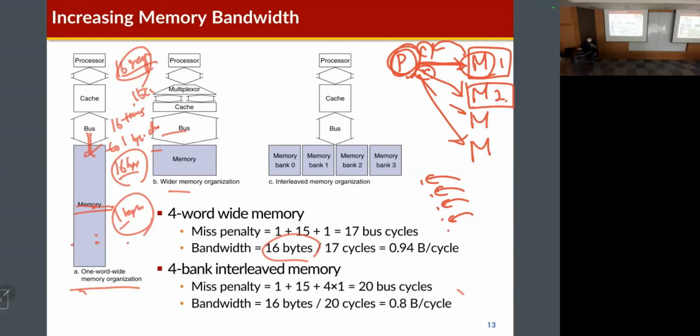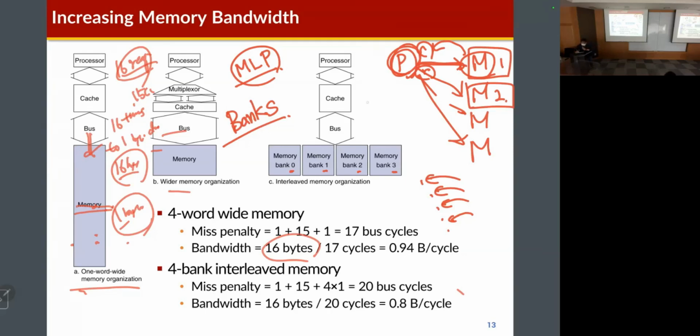So this is called memory level parallelism. And then we can implement this memory level parallelism with multiple banks. So you can find here bank number 0, bank number 1, bank number 2, and bank number 3.